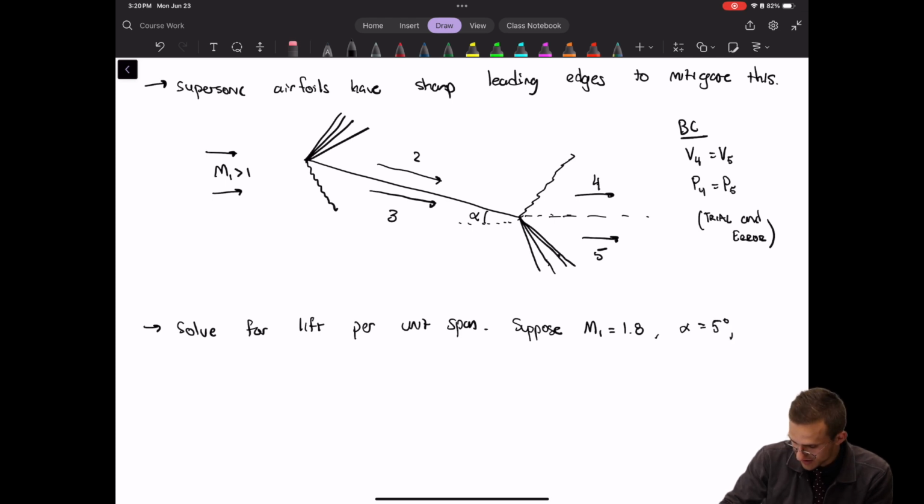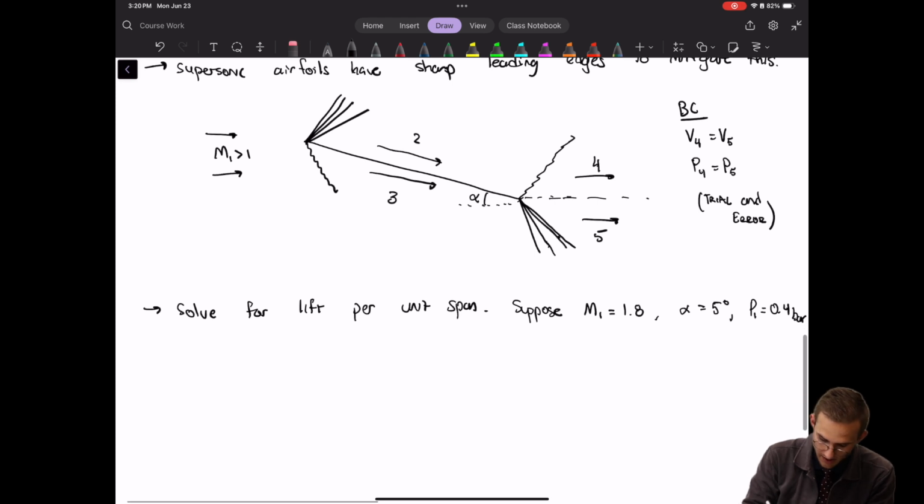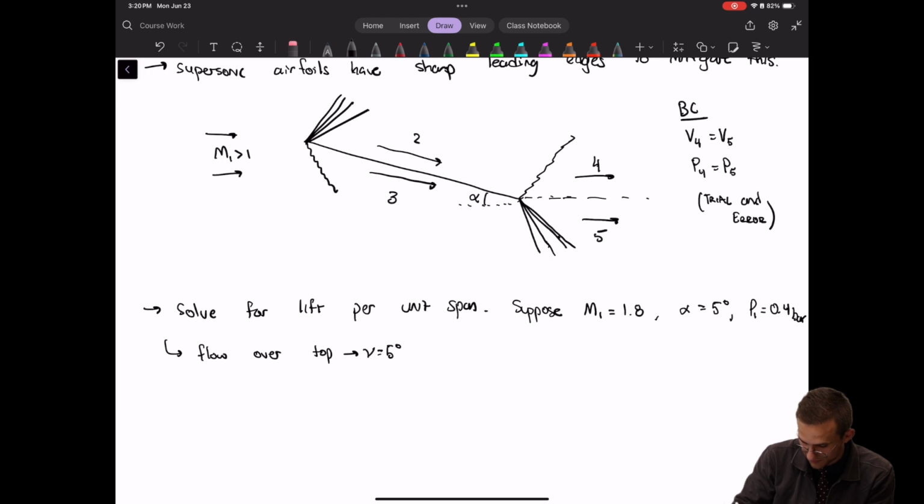We'll also set P1, which is just your ambient pressure, to be 0.4 bar. And so now the flow over the top experiences a 5-degree turn Prandtl-Meyer expansion. Flow over the top, I'll just say nu equals a 5-degree PM expansion.